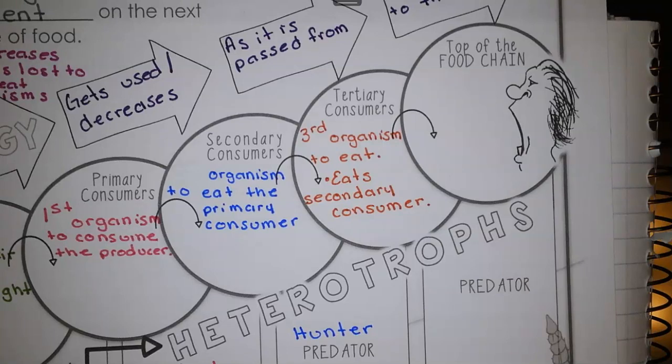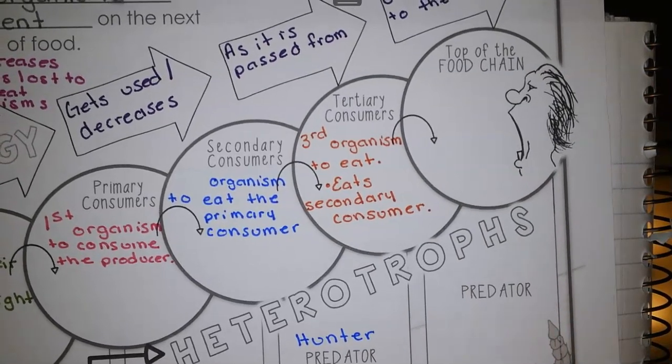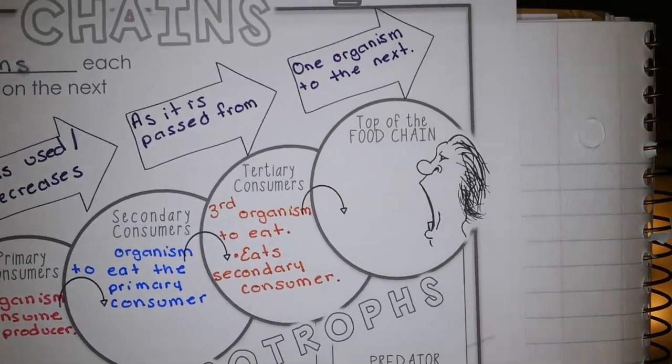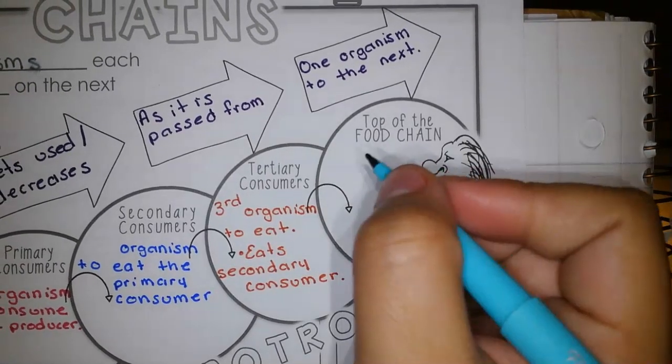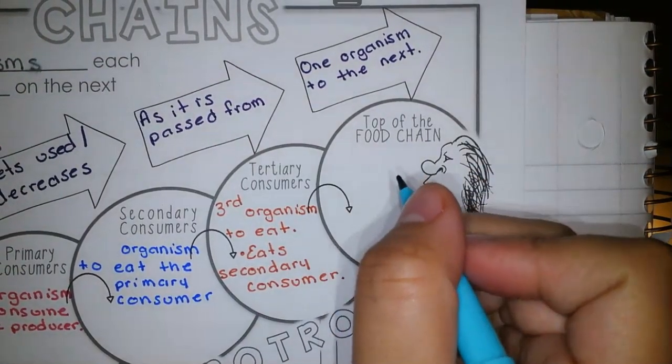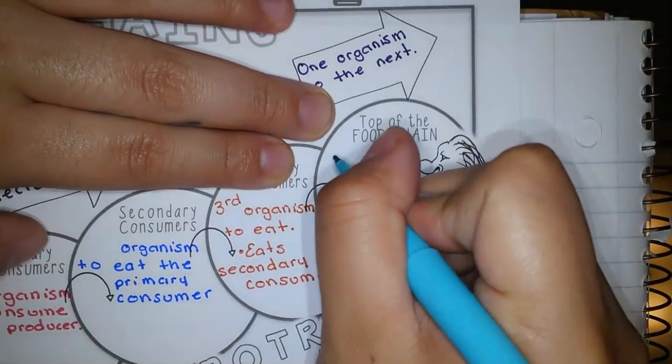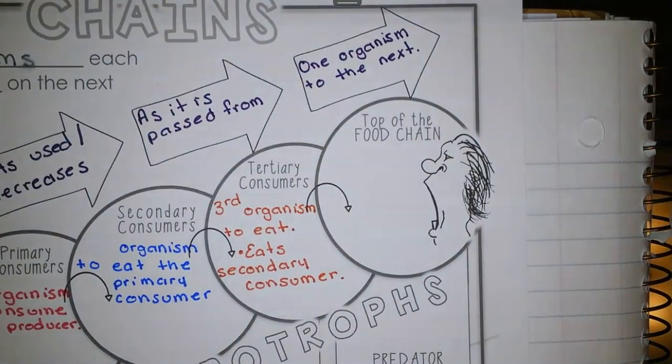Then moving on to our last type of consumer, which is going to be the top of the food chain in some cases, because food chains can be longer. That is going to be your quaternary consumer. I'm going to put it right here. Here it is.